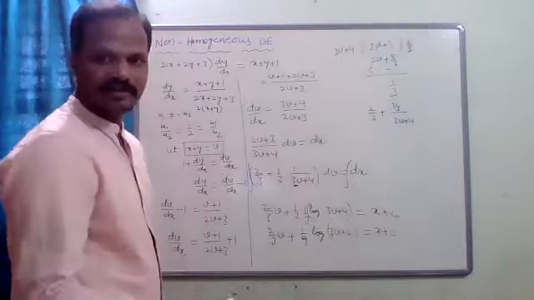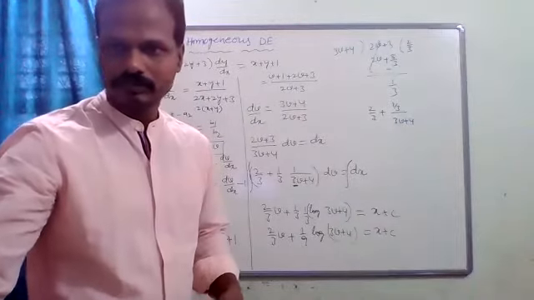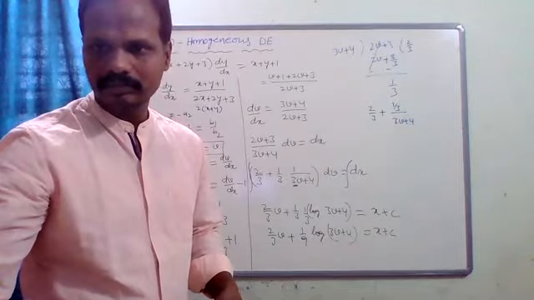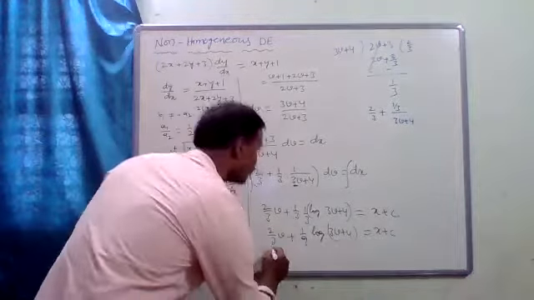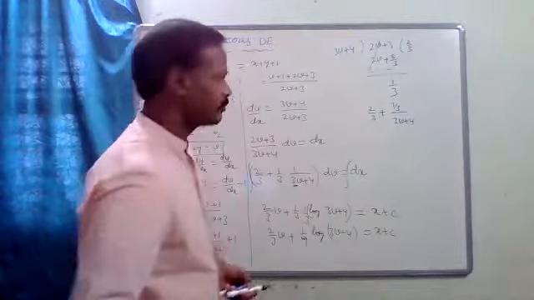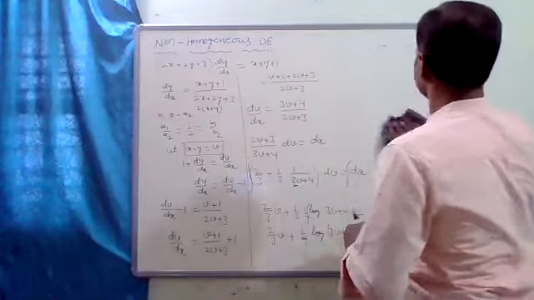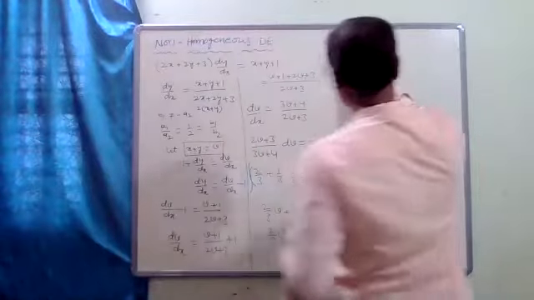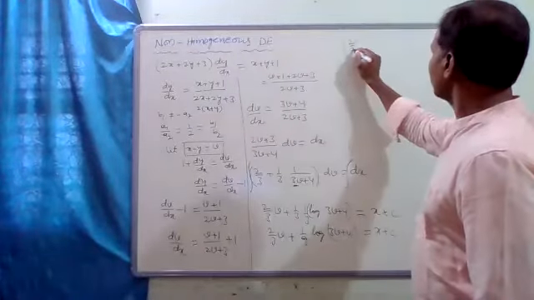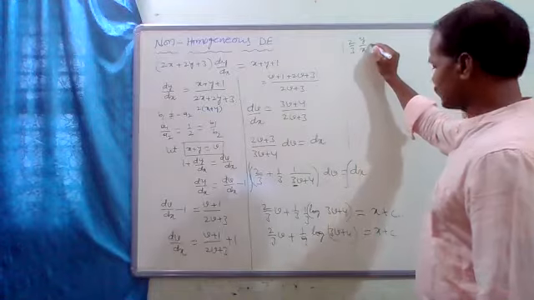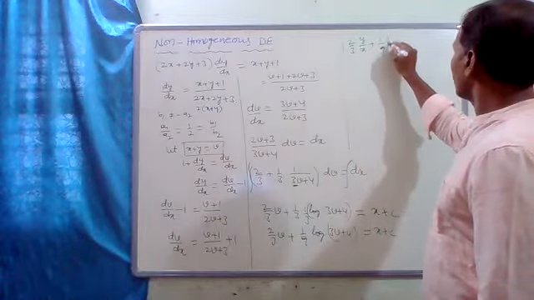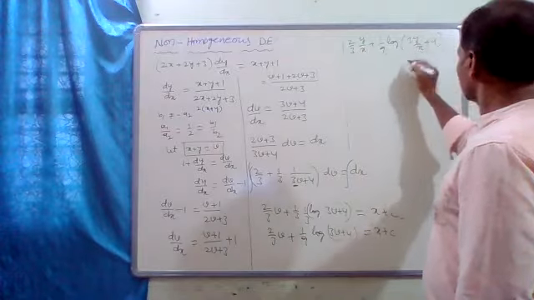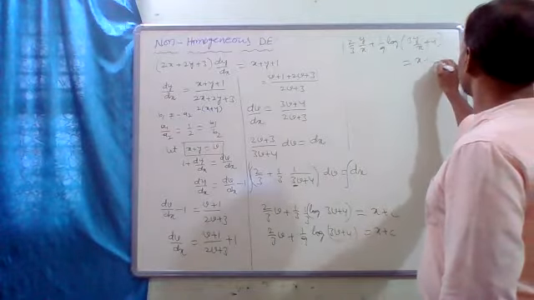Now substitute the value of v. So 2 by 3 times v value y by x, plus 1 by 9 log of 3y by x plus 4, equal to x plus c.